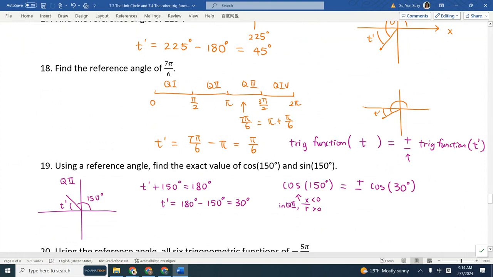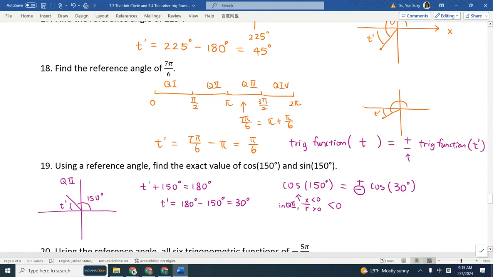So the whole thing, x over r, you have the numerator negative, denominator positive. So the whole thing is negative. So therefore, the cosine here is negative. We pick the minus. So that's the rule, okay?